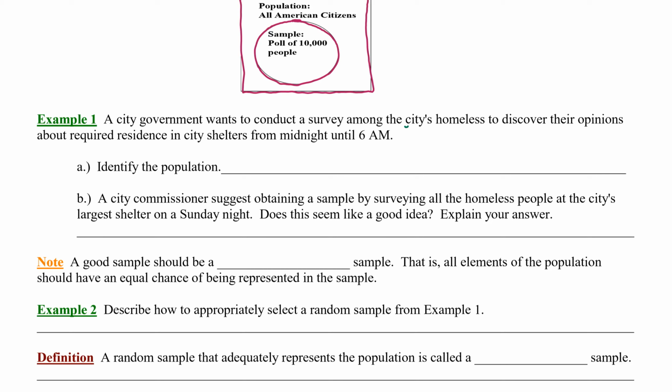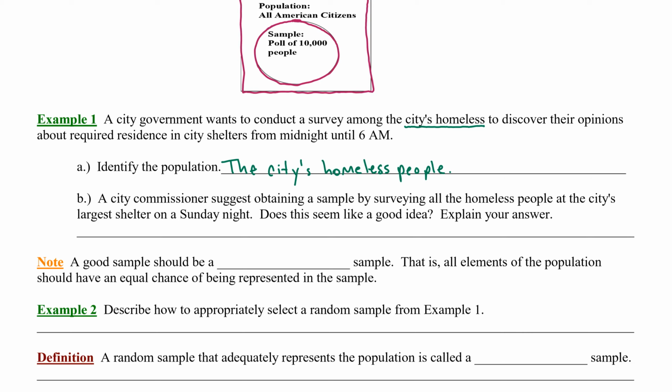So the opinions that are being sought here are opinions of the city's homeless about a law proposing required residence in city shelters from midnight until 6 a.m. So the population under study here is the city's homeless people. That is our frame of reference.